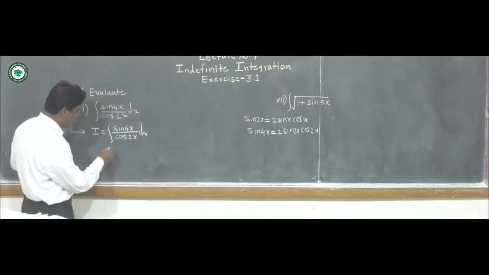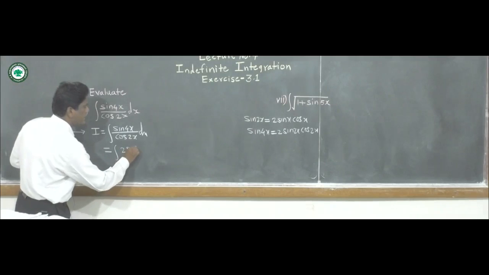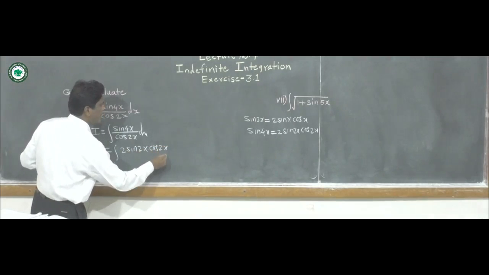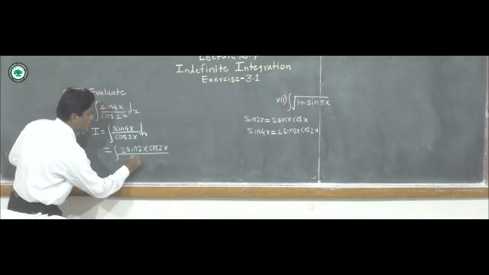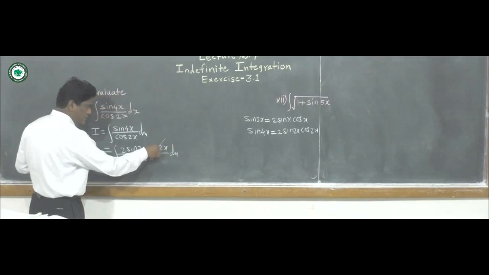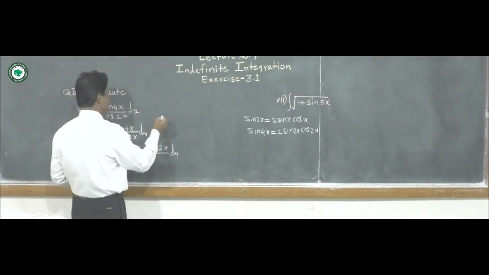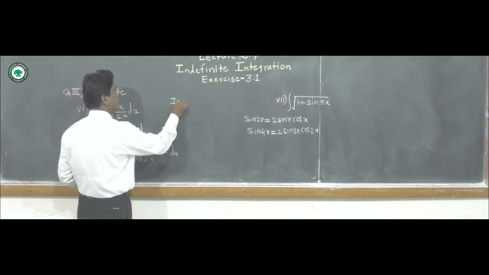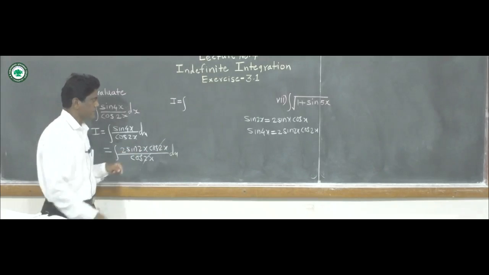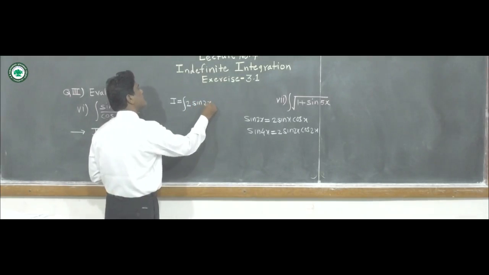So this is equal to integration of 2 times sin of 2x cos of 2x divided by cos of 2x dx. Here cos of 2x and cos of 2x get cancelled. So the required integral I is equal to integration of 2 sin 2x dx.